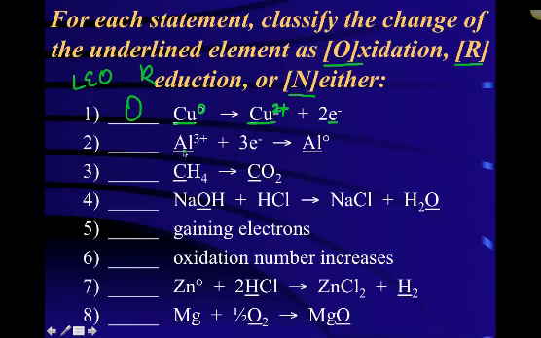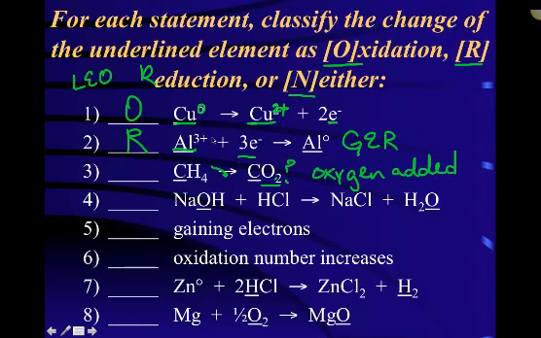Now I'm going to take my aluminum ion and add electrons to it. So this one's gaining electrons. Gain of electrons is reduction. Then my next one, I have CH4 and an arrow and O2. And so I must be missing some of my equation here. What I see right off the bat is that oxygen has been added to my carbon.